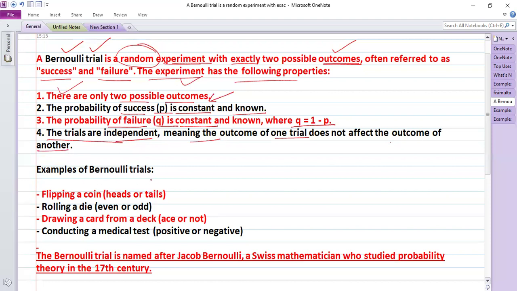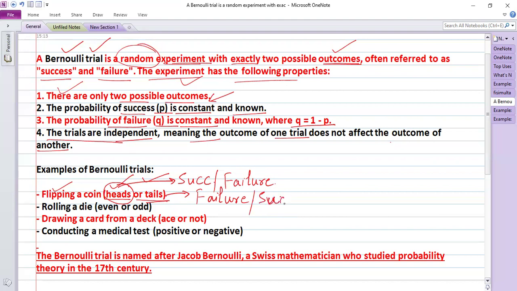Now, examples of Bernoulli trials. For example, flipping a coin, because either we get head or tail. Suppose if I get head, then I can term it as my success, and obviously getting a tail will be my failure. We can define it vice versa too: if I get head, I term it my failure, and getting a tail will be my success.